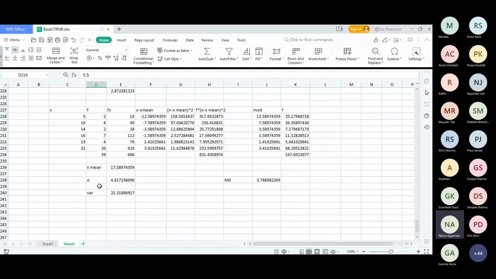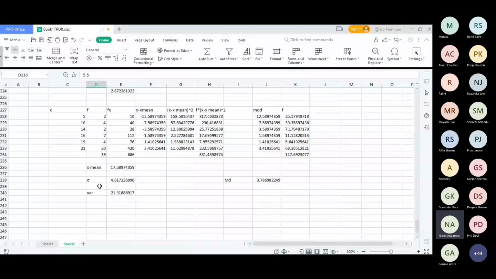But in case we want to calculate the SD about the mean, there is no need for two processes. It is normally a two-way process: the first step is to calculate the mean, the next step is to calculate the standard deviation. In two steps we have calculated. But in the other way, in the example we are doing right now, we can get the value of standard deviation in one step only.